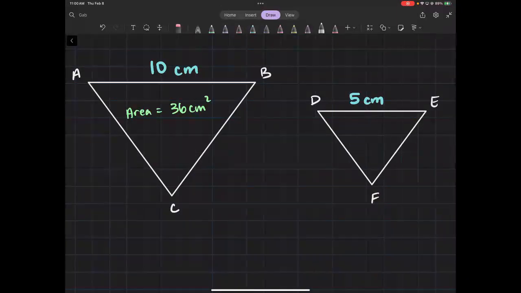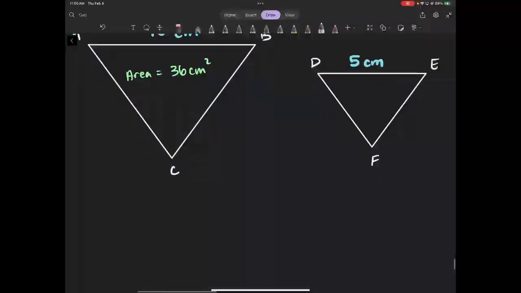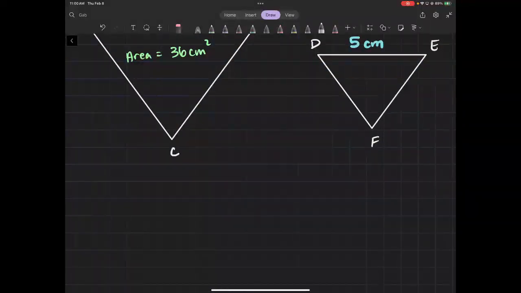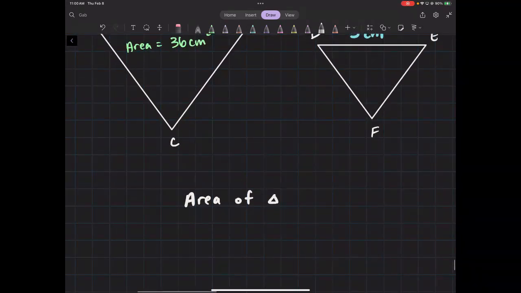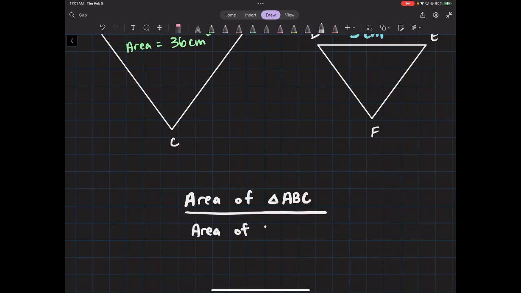Okay, you guys ready? Alright. Okay, so if you use the theorem that we just talked about, you gotta set up a ratio between the 2 areas. So I'll do area of triangle ABC over area triangle DEF.